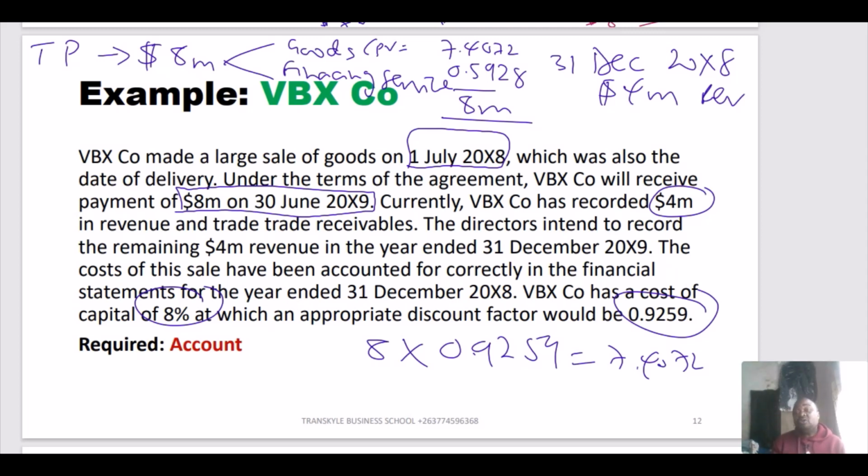Now, we are then told that these guys had recognized 4 million when they were supposed to have recognized 7.4 million of revenue. Maybe the directors were conservative, we don't know, but that revenue was understated, and that could actually impact certain shareholders.